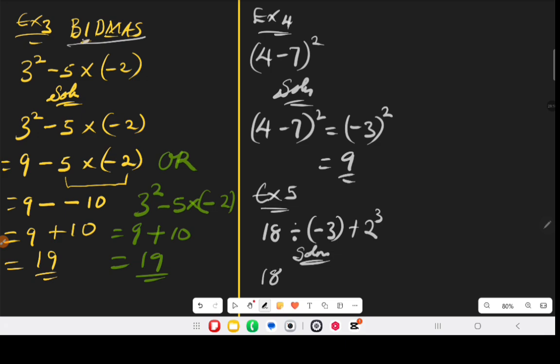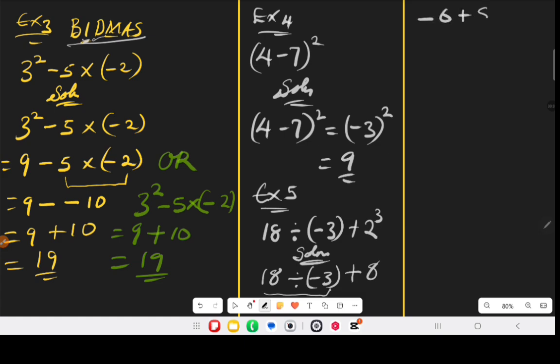We have 18 divided by minus 3 in brackets plus 2 raised to the power of 3 gives us 8. Then what next? We go for division. Division is 18 divided by, we consider these two, 18 divided by minus 3 gives us minus 6 plus 8. Minus 6 plus 8 gives us positive 2 as the answer.